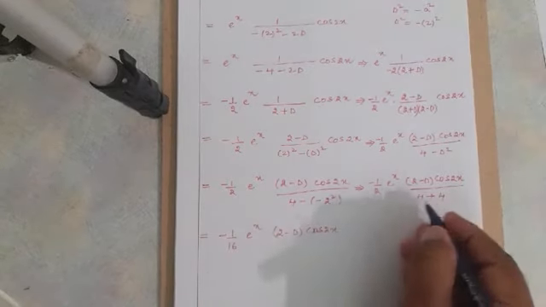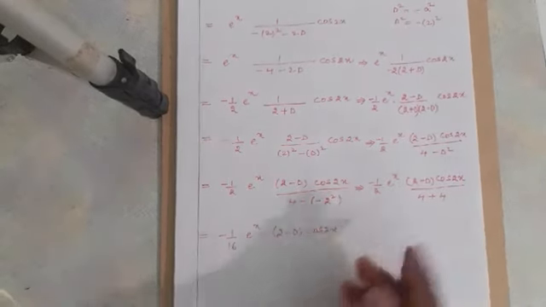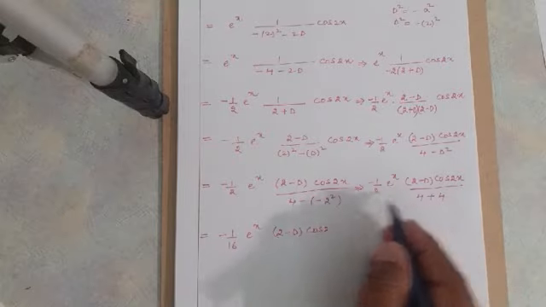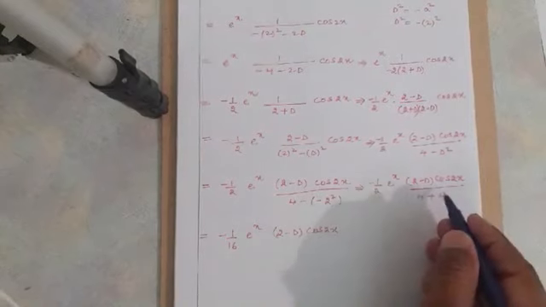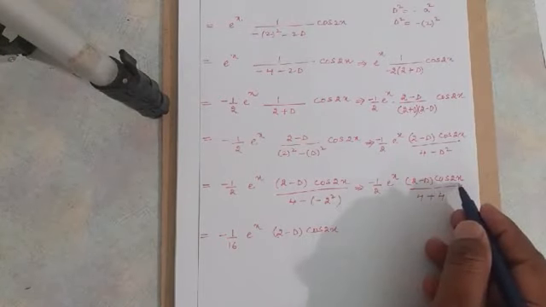This denominator we have multiplied with this 2. So we got minus 1 by 16 e power x, and then 2 minus d cos 2x.